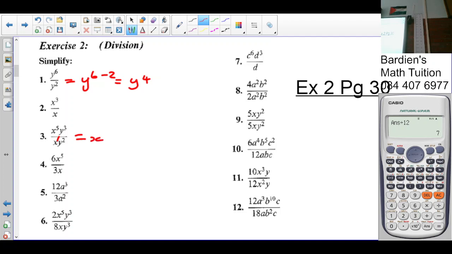So it's going to be x to the 5 minus 1, which is 4. y, 3 minus 2 is 1. So you can write x^4 y^1, or x^4 y. The next one. 3 goes into 3 once. 3 goes into 12, 4 times. a, 3 minus 2 is? You don't have to write the one.